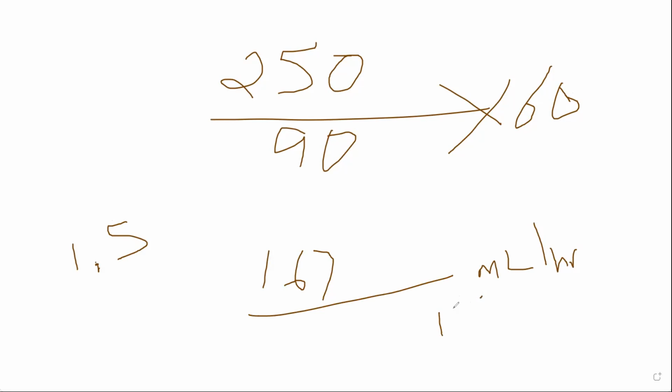Or if they told you to round it to the nearest tenth, it would be 166.7. Because you should have got 166.666, no matter how you did it.